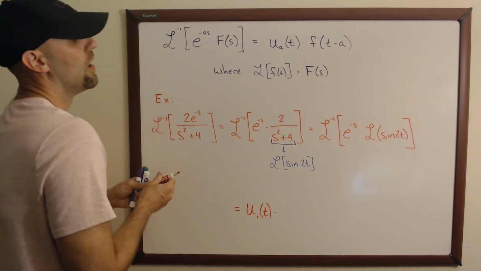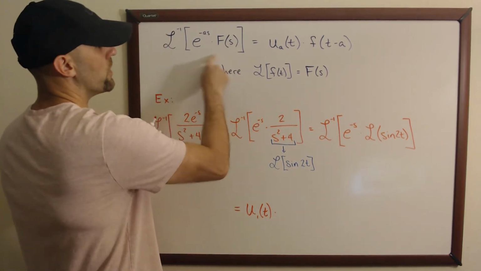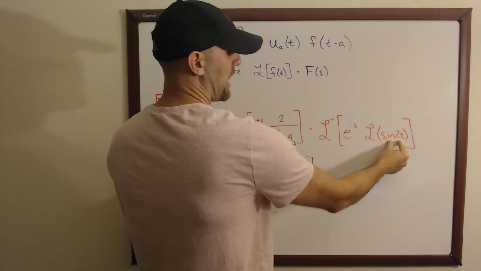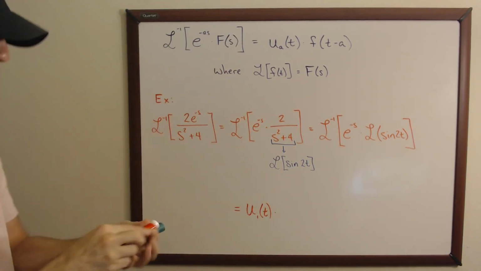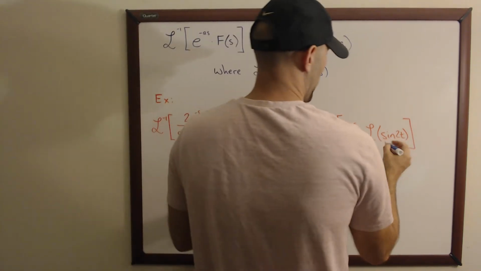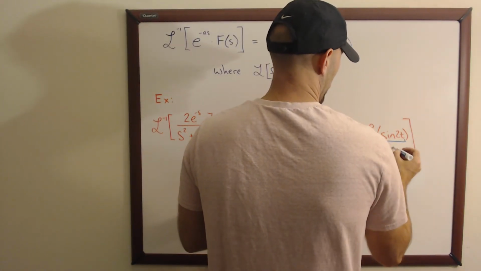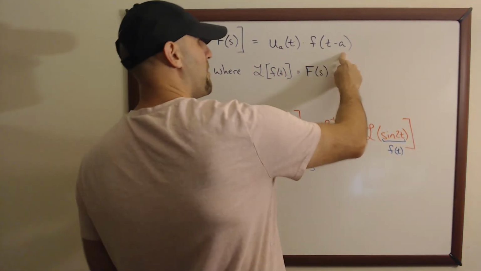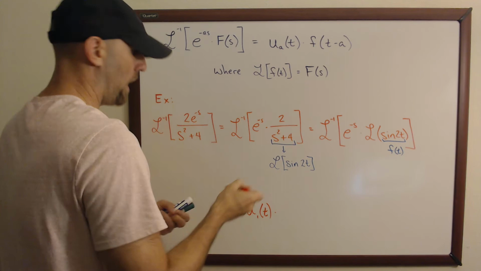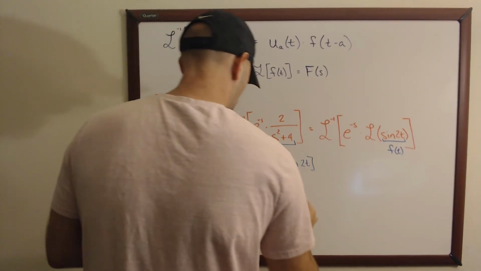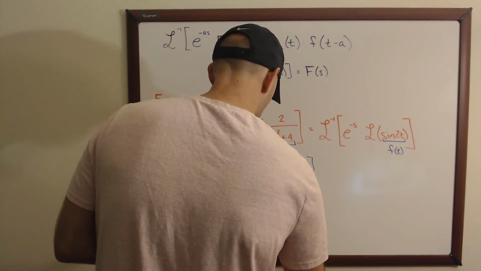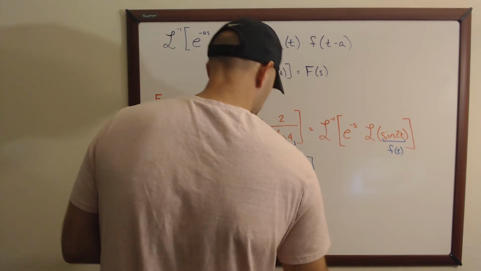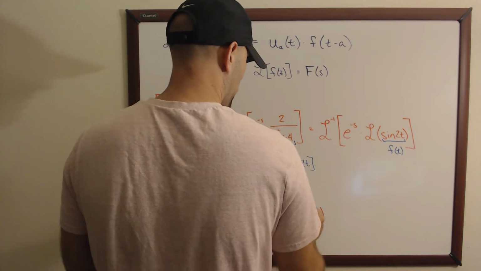times, remember that this function is the Laplace transform of the f that I'm looking for. So here's f of t, by my definition. And what I want to write is f of t minus a. A was 1, right? So I want to write sine of 2t minus 1.